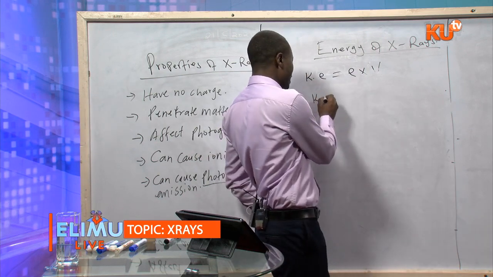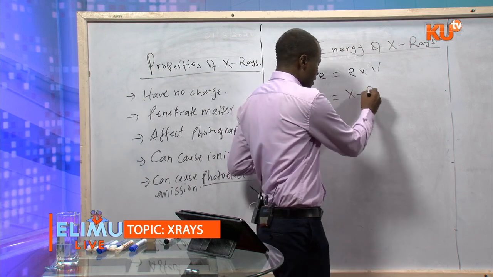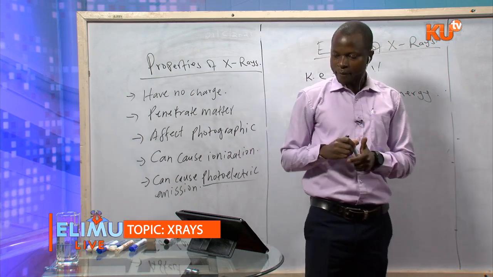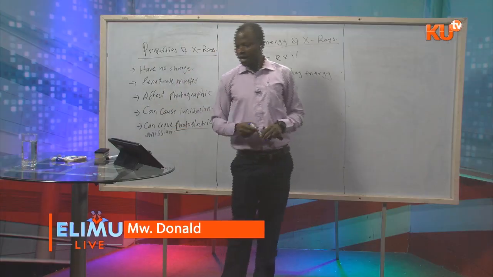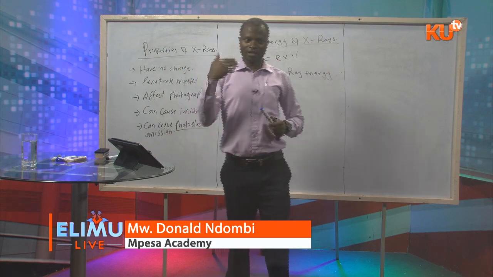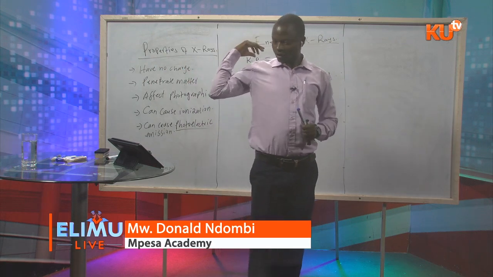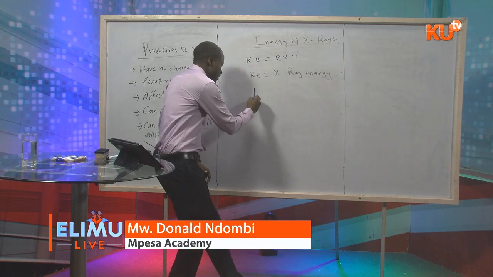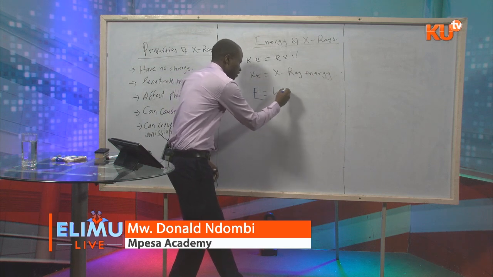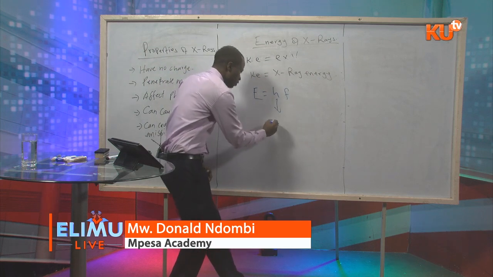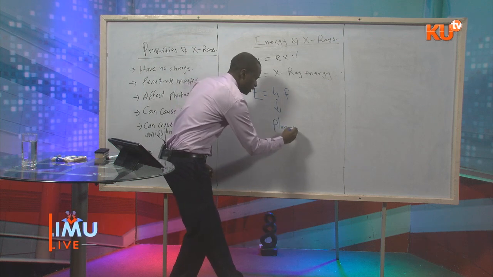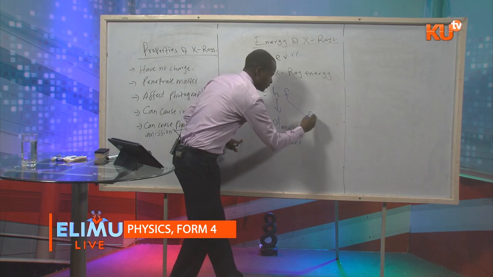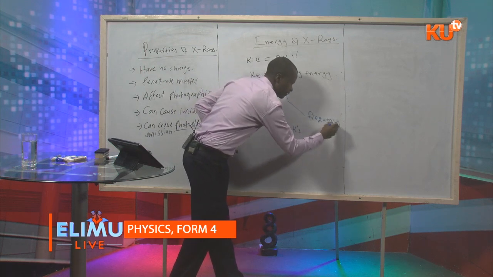So we are still saying Ke is equal to X-ray energy. And remember, we have said X-rays are part of the electromagnetic spectrum. Now, in that other topic, the electromagnetic spectrum, you came across this equation, that energy is equal to hf, where h is called Planck's constant and f is the frequency of radiation.